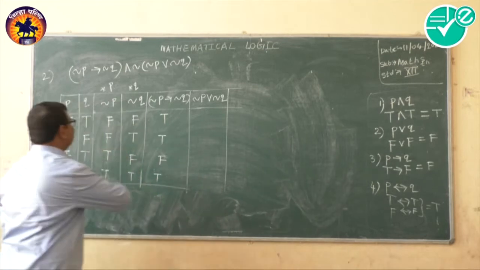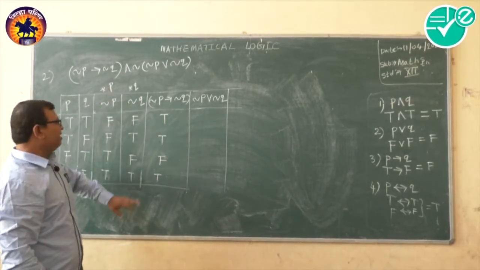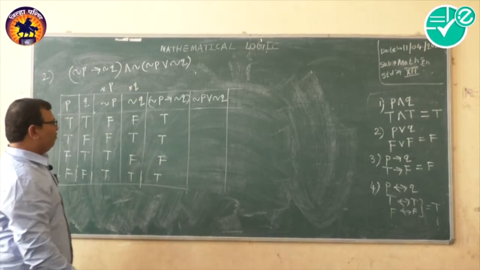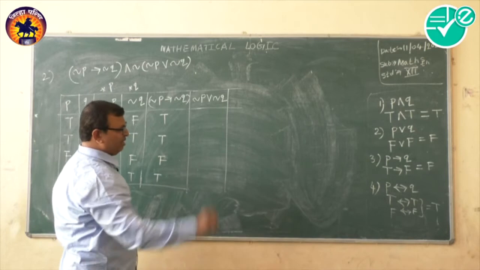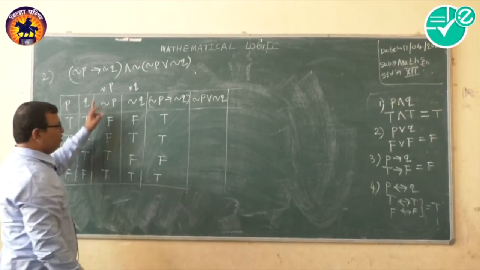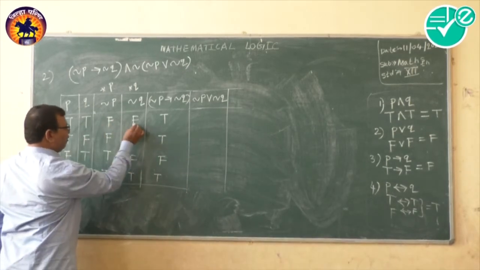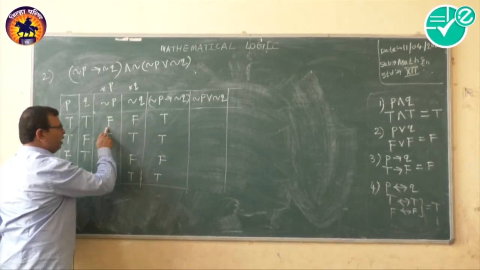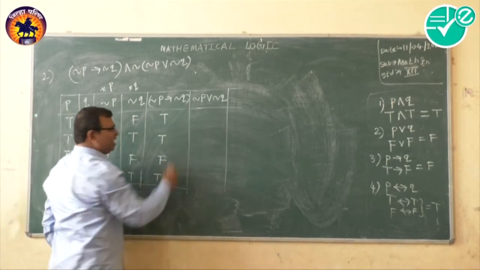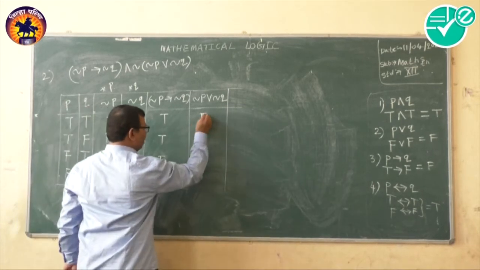Now again consider negation P as P. Consider negation Q as Q. And now by the definition, we can say that false, false is false. First of all, false, false. Negation P is false, negation Q is also false. Therefore, negation P disjunction negation Q is false.